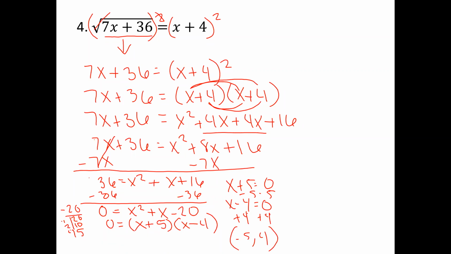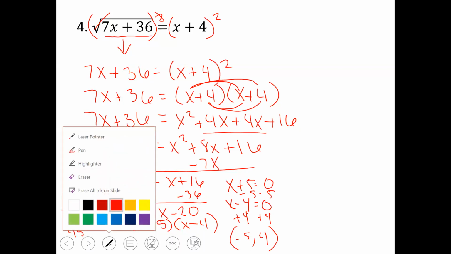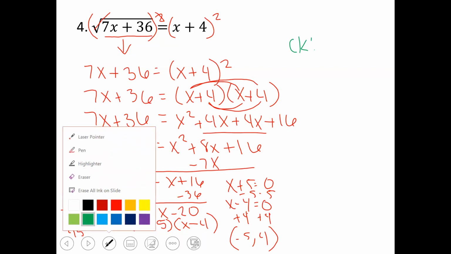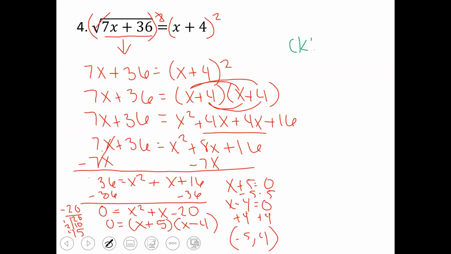All right, can radical equations have two answers? No, they can only have one answer. So now you have to plug in each number for x to figure out what is the correct answer. So you have to check. I guess I'll start with the negative 5. So do the square root of 7 times negative 5 plus 36.